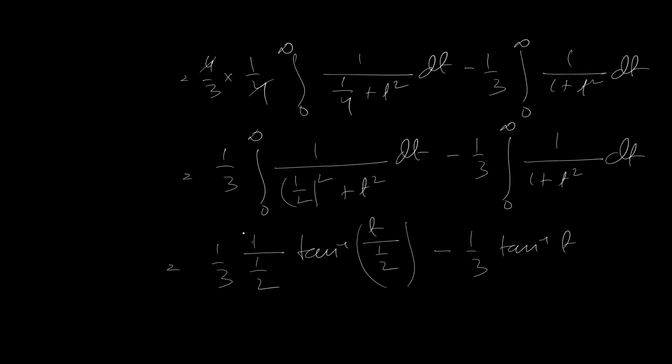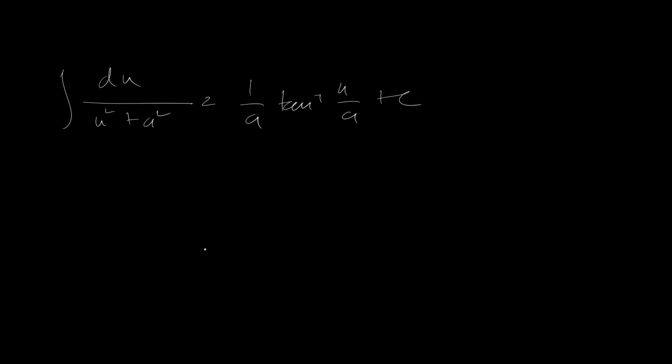So here I will have to give 0 to infinity, and here this is 0 to infinity. So this is ultimately 1 by 1 by 2, this is constant, it will come out.